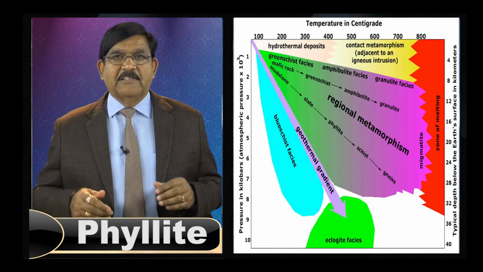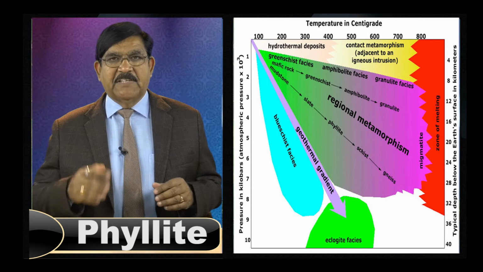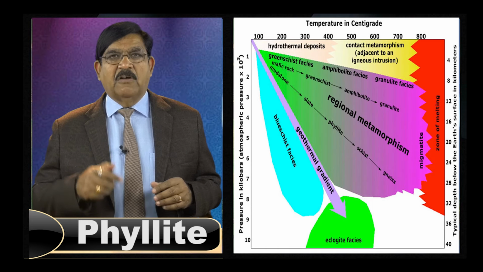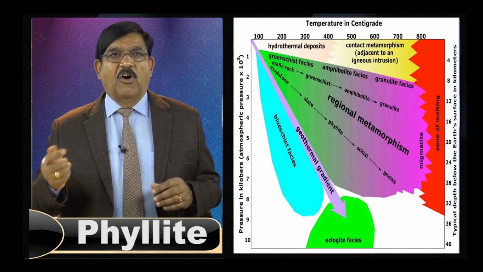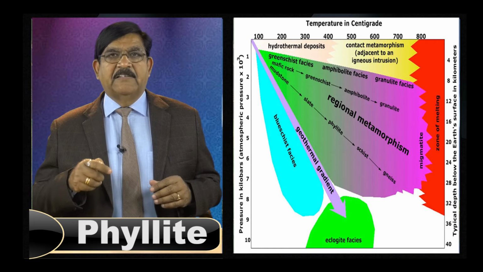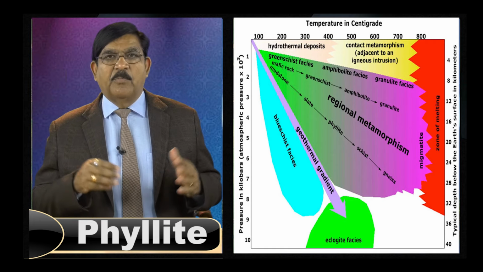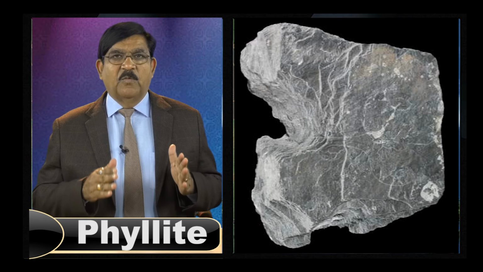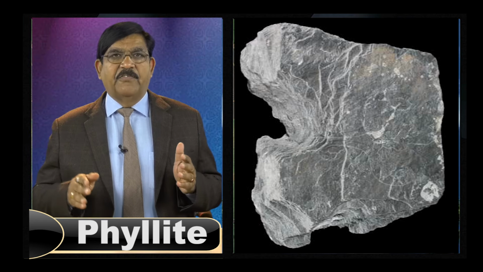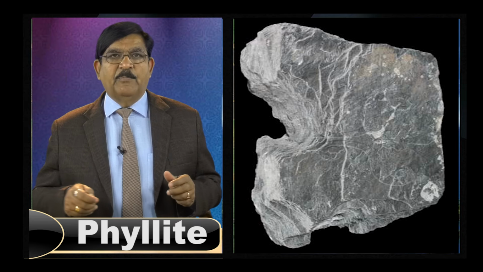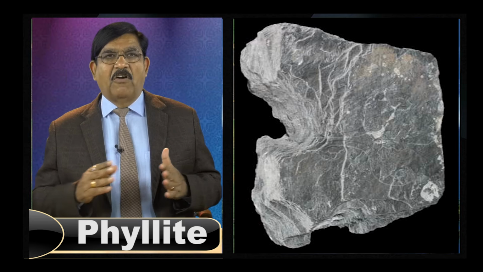Other common minerals found in phyllite besides muscovite include chlorite, green, graphite, dark gray or silvery, and sometimes garnet, red or brown. The characteristic waxy, layered, glittery texture of phyllite is another example of foliation in metamorphic rocks.